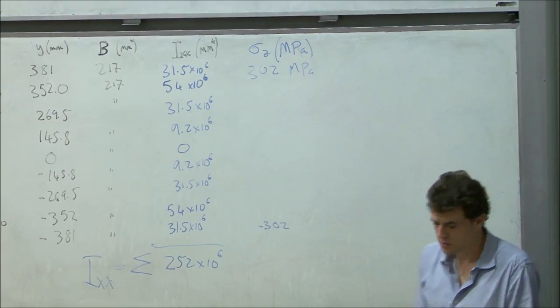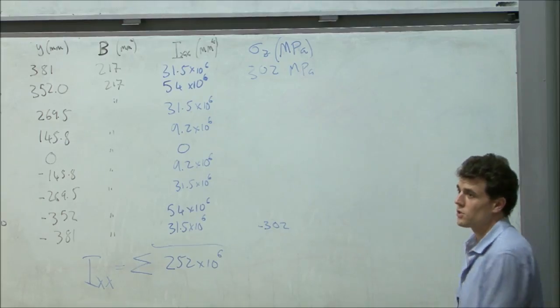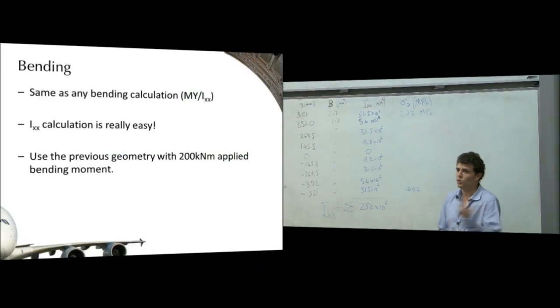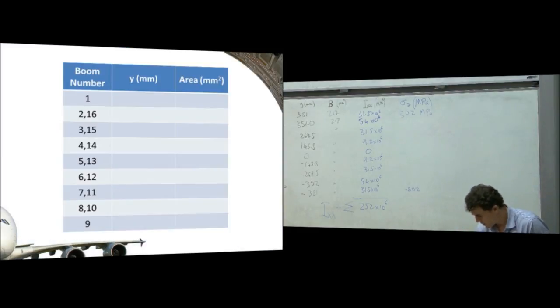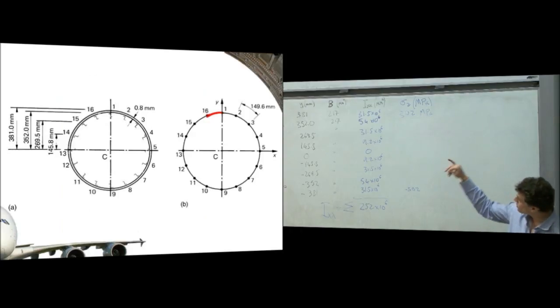Okay, so that's a bending stress calculation. So we now have calculated the stress all the way around a fuselage in the space of, I don't know, 20 minutes or so for that station of the fuselage. If we tried to do that calculation where we'd accounted for all the little geometries of the stiffeners and the IXX for the shell, that would have been a much harder calculation to do.